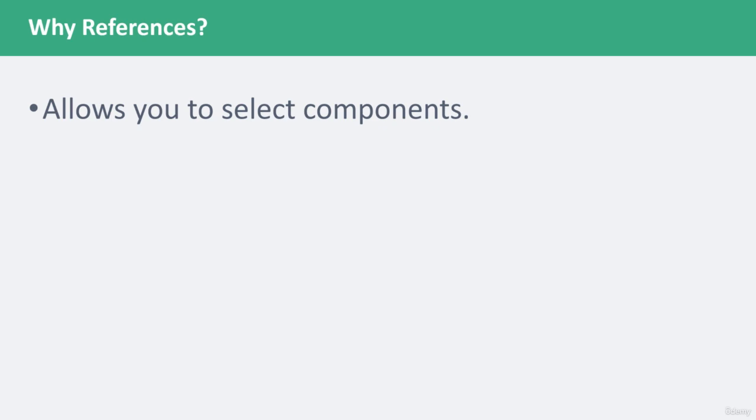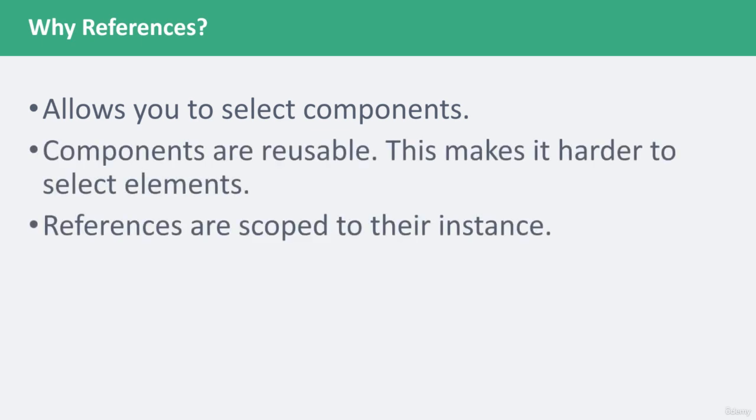The second reason is because it makes it easier to select elements. Components are reusable. If you have an element with an ID, you may not be able to select that element if the component it's in is used multiple times. You can switch to classes, but what if you want to select an element in a specific instance of a component? You'd need to have a special ID assigned to the element.